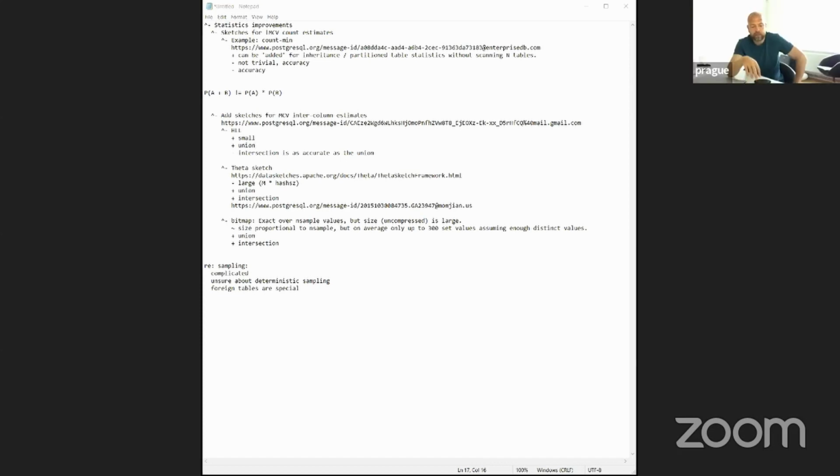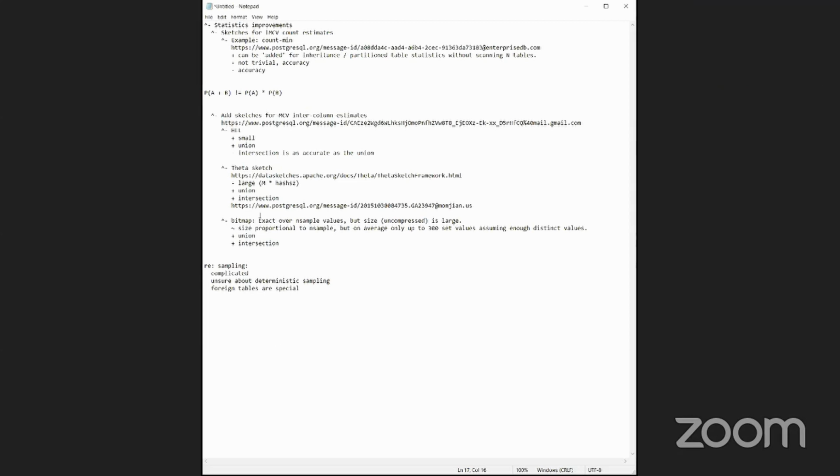Yes, I agree. That's also exactly what I was trying to get to. I thought about HLL because it would allow you to do better estimates in the cases of A plus B, because you can combine them and that works fine.